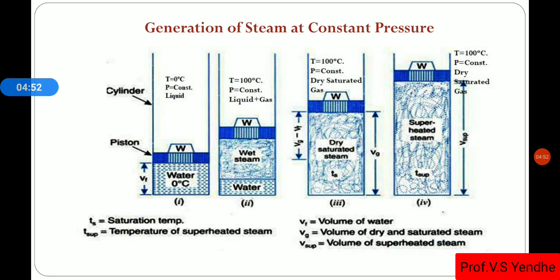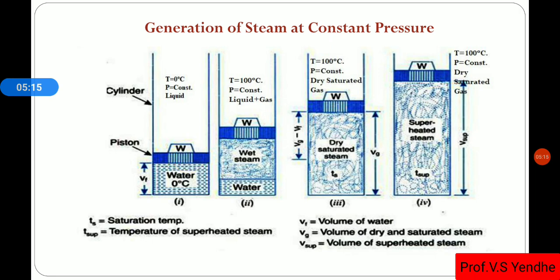Due to the pressure of steam inside the cylinder, the piston moves in an upward direction, so we can see the piston in the second diagram at a higher level than in figure number 1.